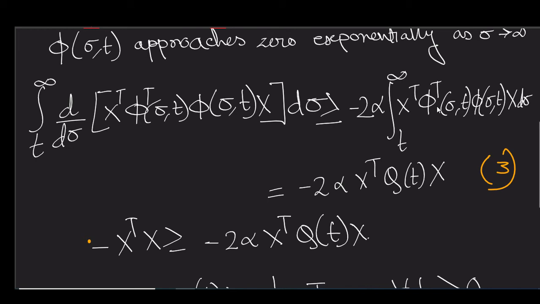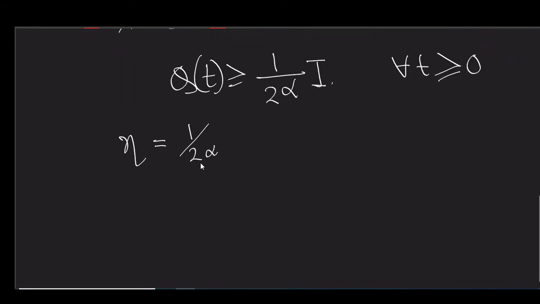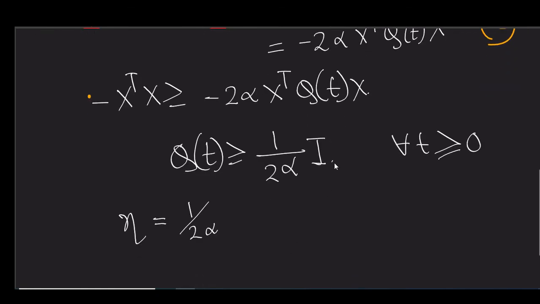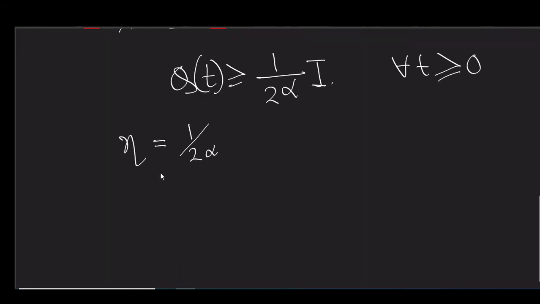So if we evaluate the integration, what we finally get is minus x transpose x is equal to, so that gives us Qt is always greater than or equal to 1 by 2 alpha I. So this gives us eta. What was our rho? And what is alpha?